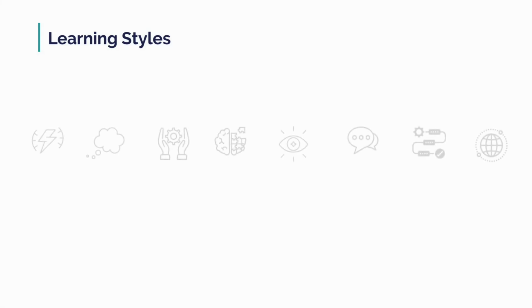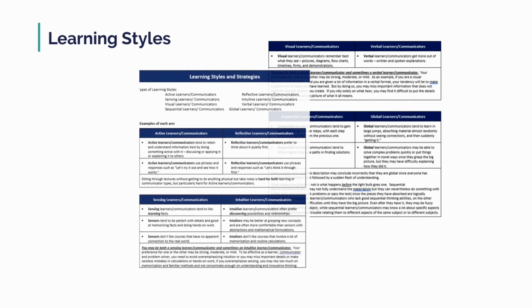There are 8 different learning styles outlined in this methodology: active, reflective, sensing, intuitive, visual, verbal, sequential, and global. In your participant materials, you will find an explanation for each of these various learning styles.